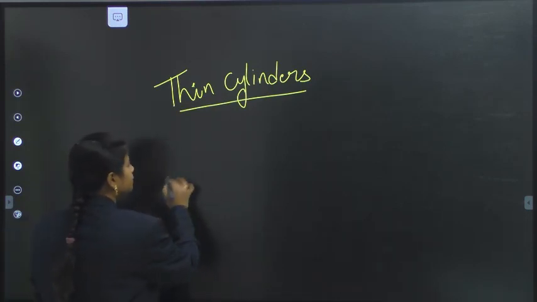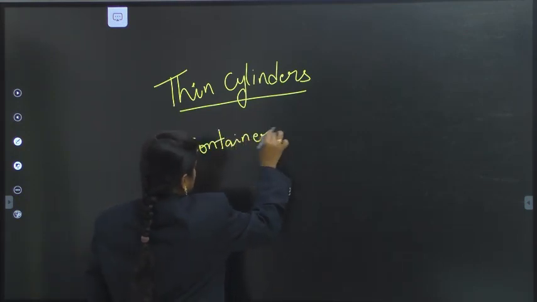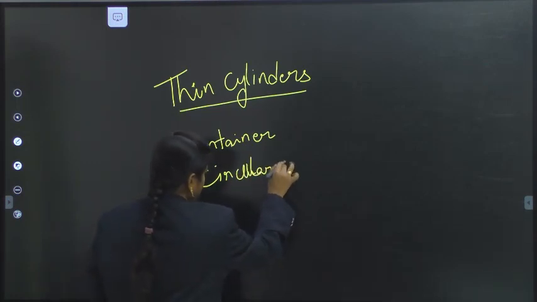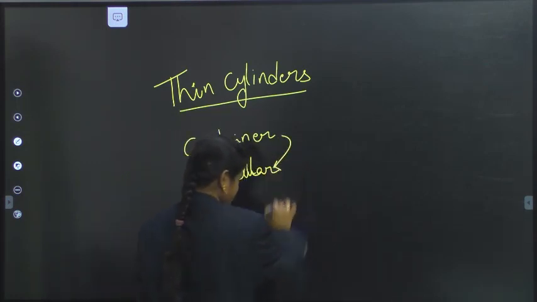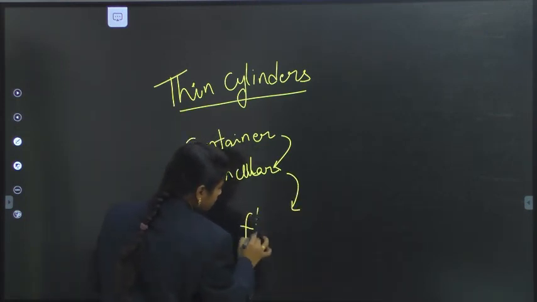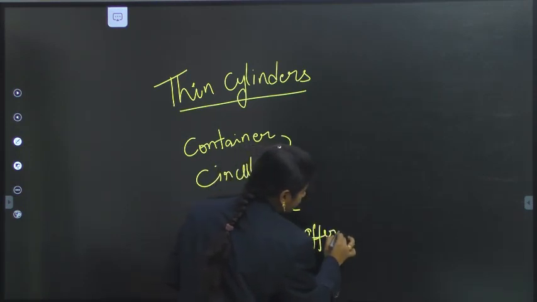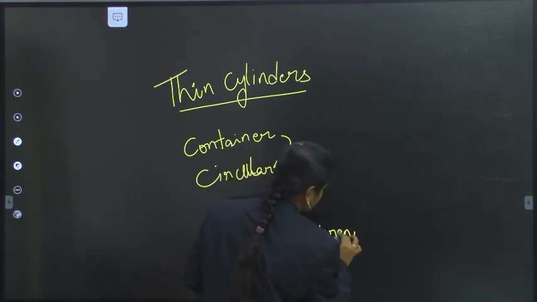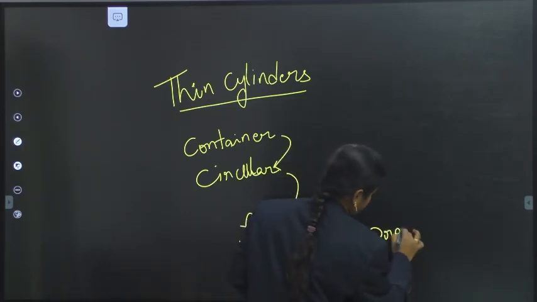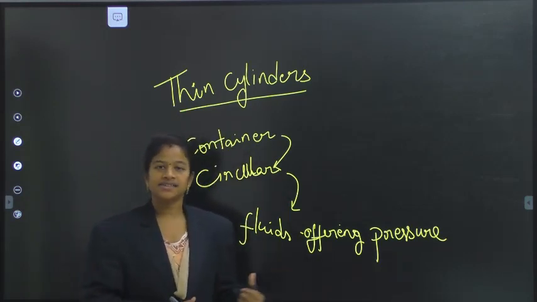So when I am using a container which is circular in cross section and it is containing some fluids which are offering pressure on the structure, right?